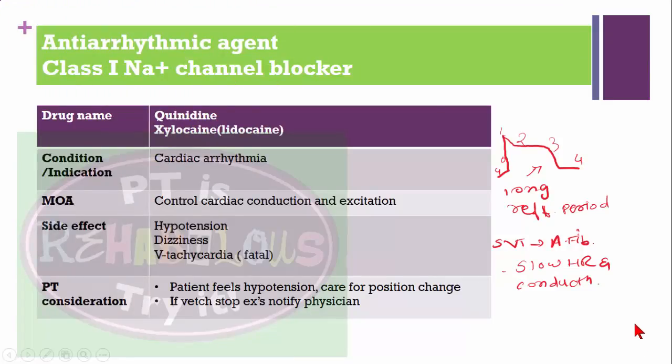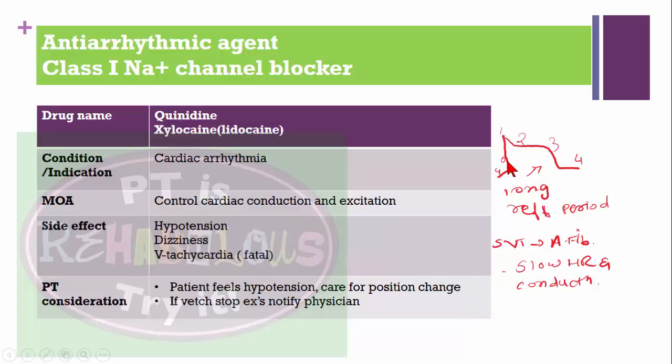Now we are going to learn anti-arrhythmic agents. The first is class 1, the sodium channel blockers. Earlier we saw that the sodium channel is needed for phase 4 and phase 0.